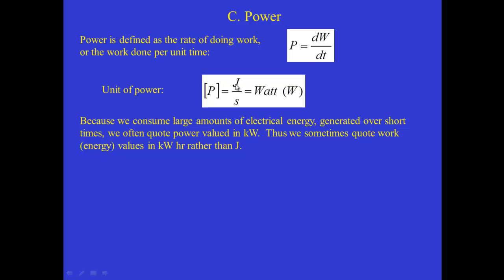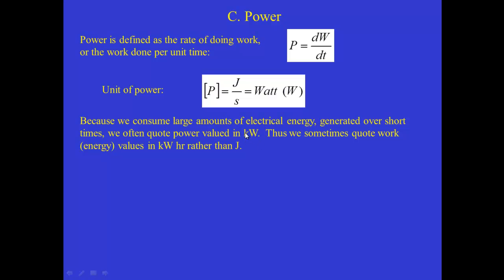I want to do a quick example using power, and just to preface the example, I'll say that large amounts of electrical energy are often consumed, and we consume them on a monthly basis in our homes, in residence halls, and quite often those large amounts of electrical energy are generated over short times, like, for example, a couple of hours. And because of that, we often quote power values in kilowatts, even though watt is the standard unit.